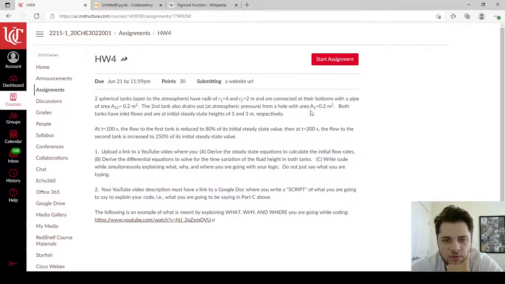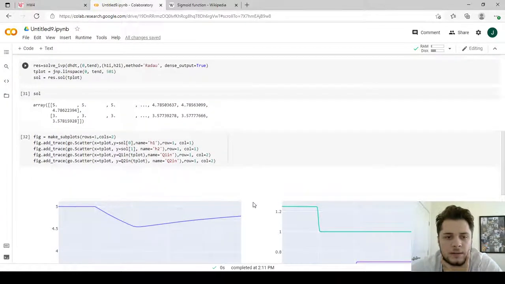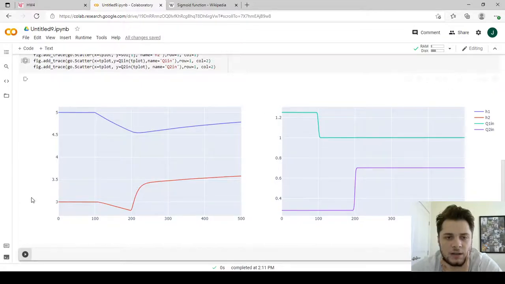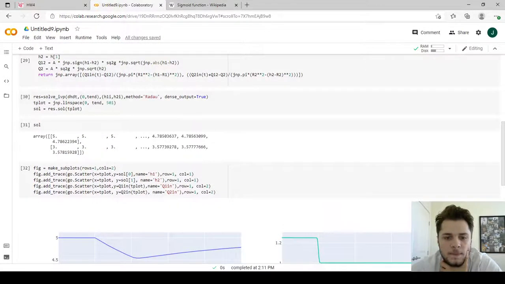So we have these 2 spherical tanks with these dimensions. At t equals 100 seconds, the flow of the first tank is reduced to 80% of its initial steady state, and then at t equals 200 seconds, the flow of the second tank is increased by 250% of its initial steady state. And we showed how you can graph the changes in heights and find that for that.